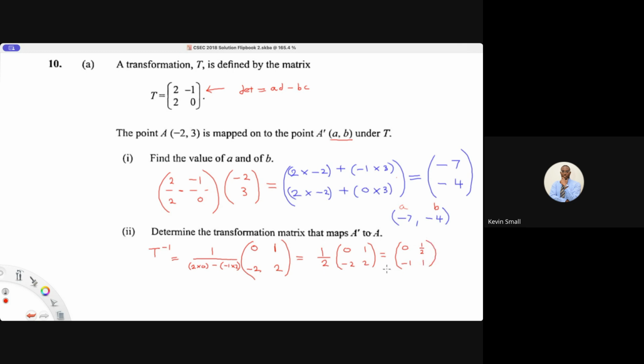So this is the inverse. Either is correct. I usually tell my students to stop here. But if you want to go further, this is also the final inverse. Some students or some textbooks prefer to go the final step and give it like this. But that is the inverse.